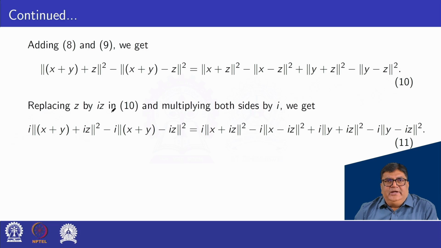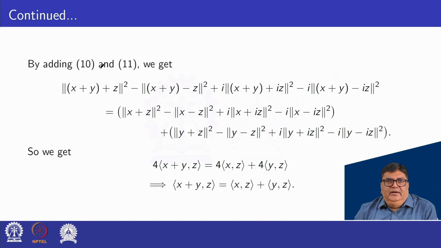Now replacing z by iz in equation 10 and multiplying both sides by i. Okay, so replacing z by iz, here also, and multiplying both sides by i. This is equation 11.